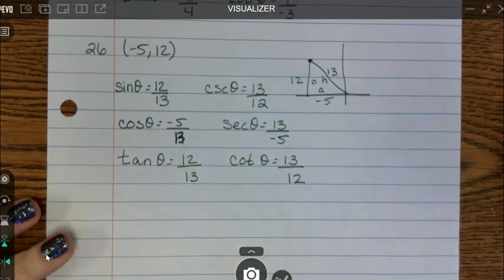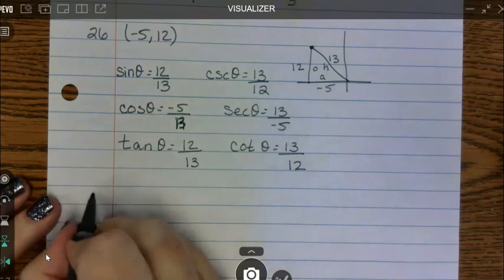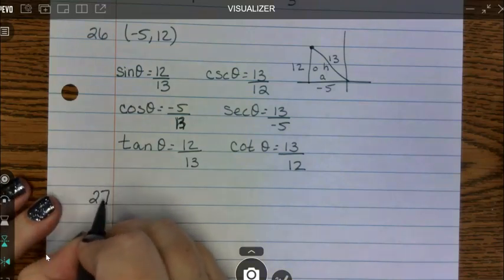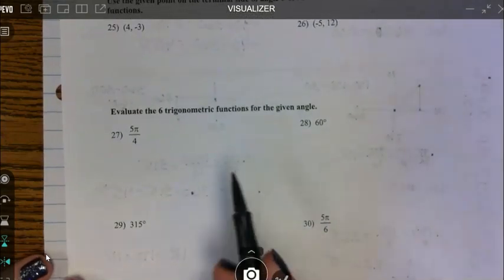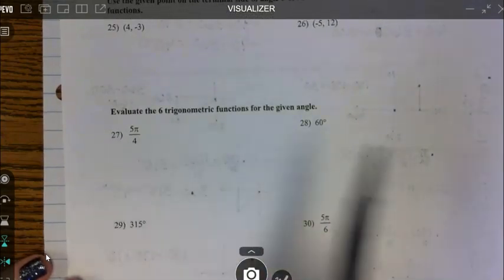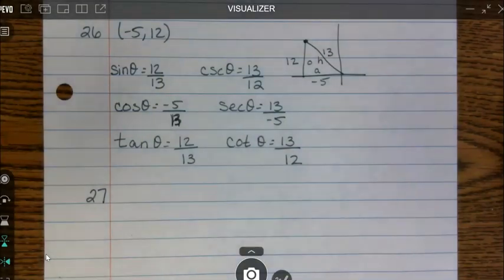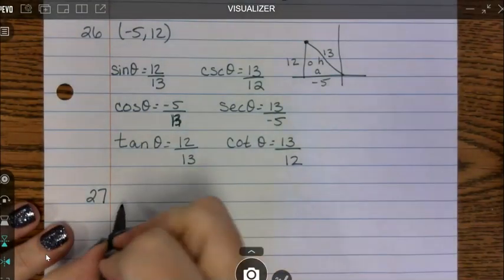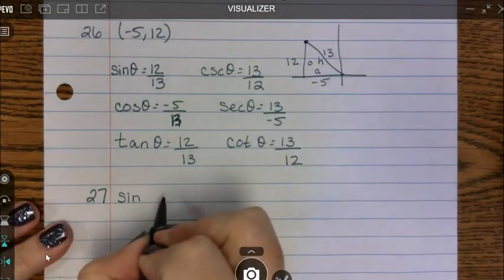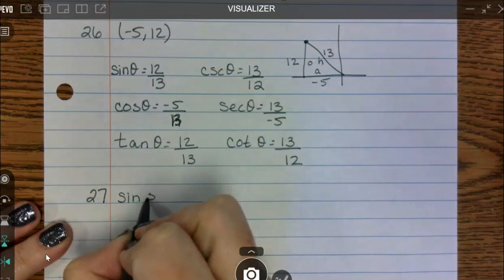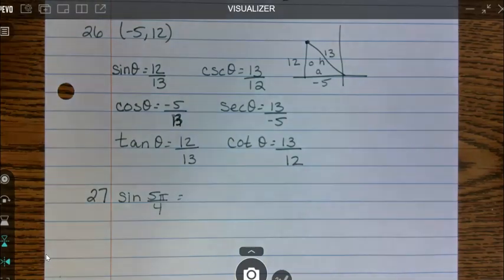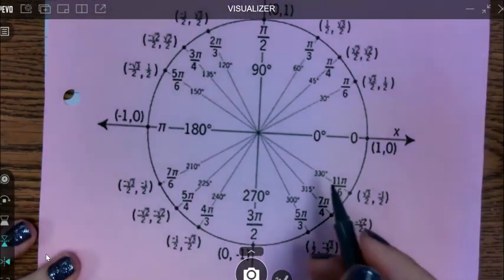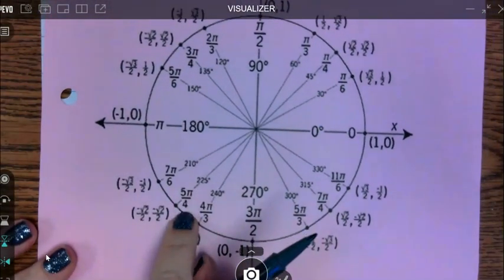That was fun. So let's do 27. So 27 is asking us to find all 6 trig functions given these angles. So this is going to require our unit circle. Okay, so remember sine of 5 pi over 4 is right here.